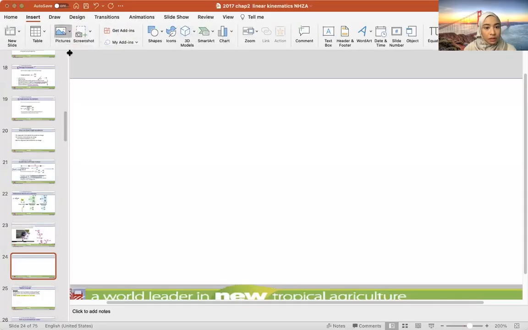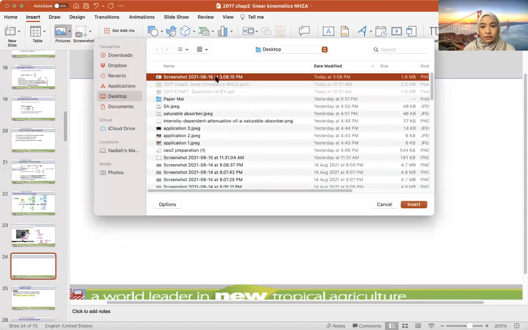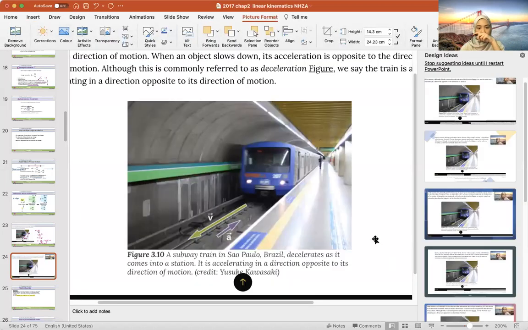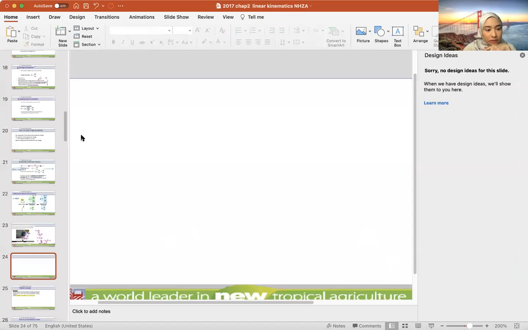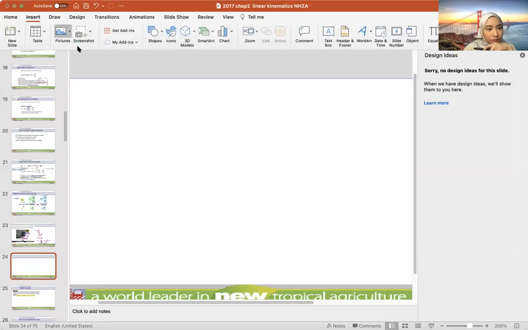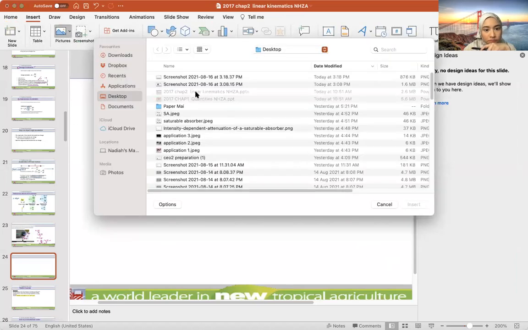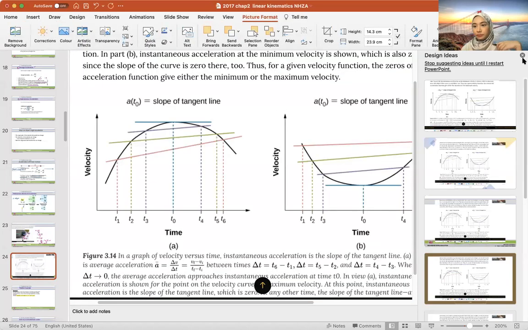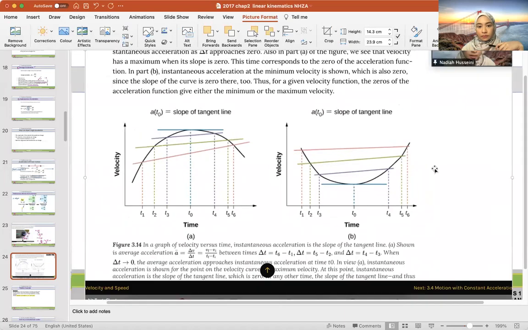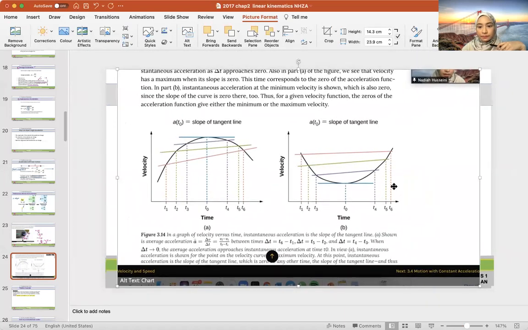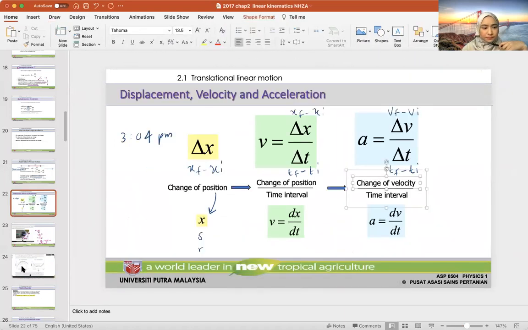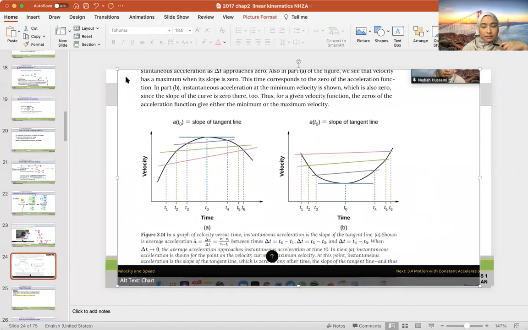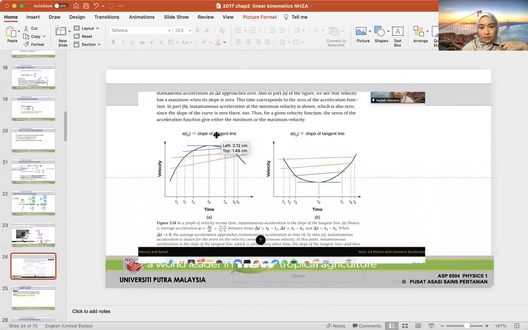Insert file. Screenshot. Did I take the screenshot or not? Okay, this one. Wow. Make it smaller. Wait. Technical errors as usual.